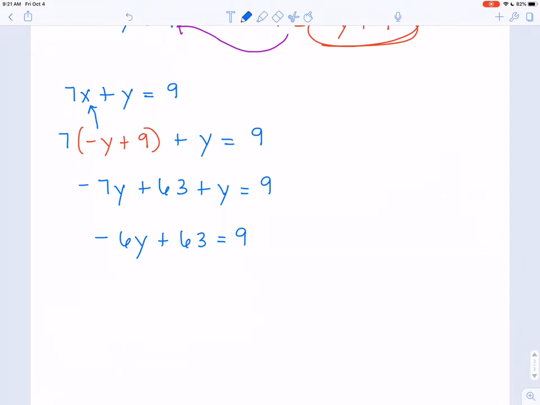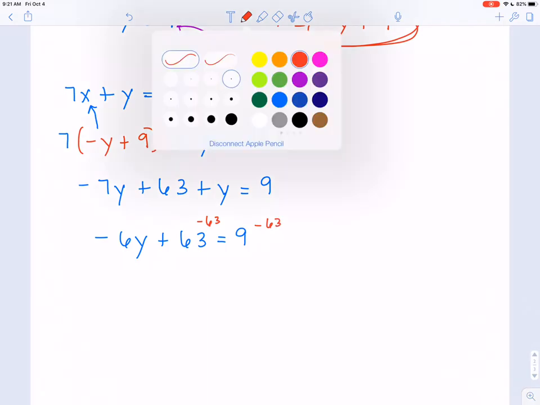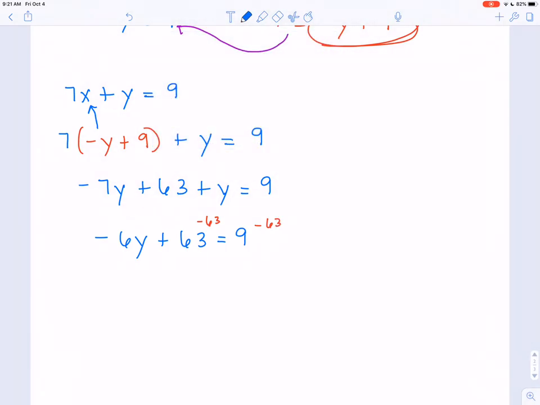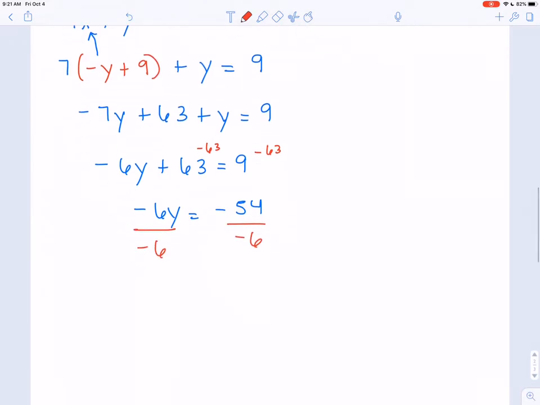And now, to solve this one for y, because that's my variable I'm looking at here, I would subtract 63 from both sides, because I just want to get y by itself. That would have negative 6y is equal to negative 54. I would divide both sides by negative 6.